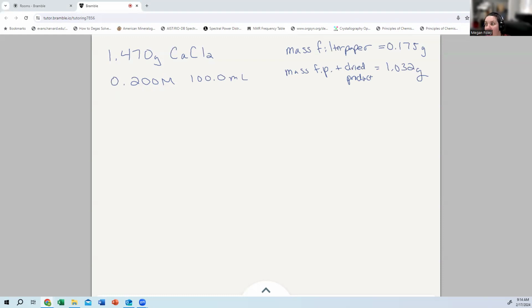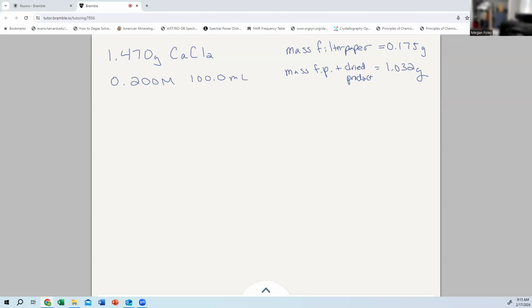Okay. So we're going to use these pieces of information to figure out how much product we actually isolated, in grams, how many moles that is, and that will be what's called our actual yield. That is what you actually isolated and weighed. Then we're going to go back and look at what we started with and how much we should have made, which would be our theoretical yield.